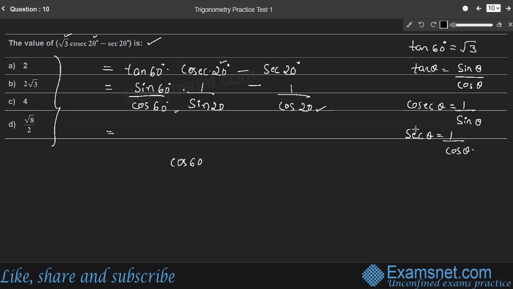Here the LCM is cos 60 degree into sine 20 into the denominator of the second term, which is cos 20 degree. And the numerator becomes sine 60 degree into cos 20, the denominator of the second term, minus 1 into the denominator of the first term, which is cos 60 into sine 20.